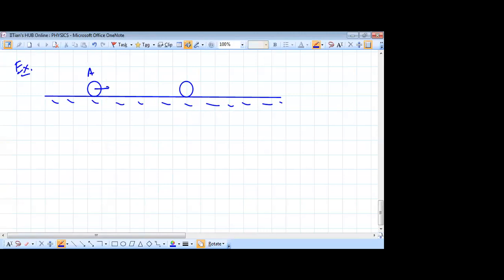Now A is coming with some velocity initially and B is at rest. So when A collides with B, so during that collision, what is happening?